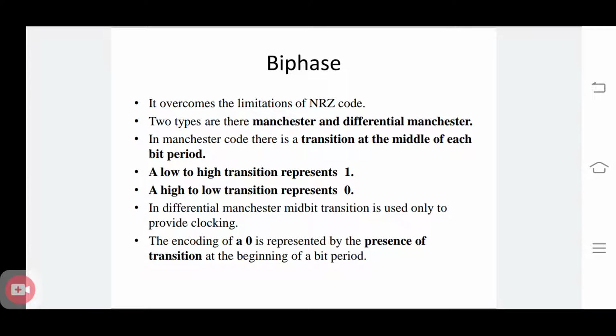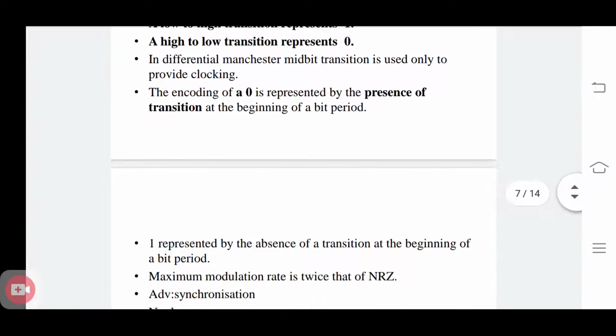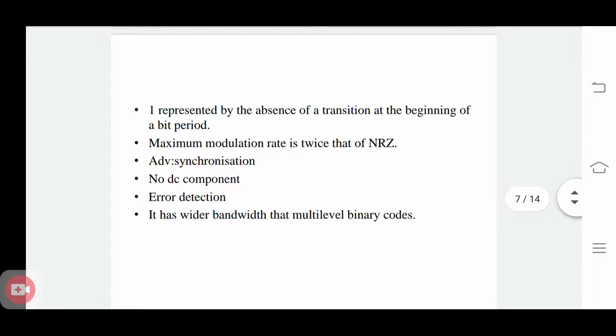Here in differential Manchester, 0 is represented by the presence of a transition at the beginning of the bit period. 1 is represented by the absence of a transition at the beginning of the bit period. Some of the advantages are synchronization, no DC component, error detection, and bandwidth, when compared to multi-level binary and NRZ.